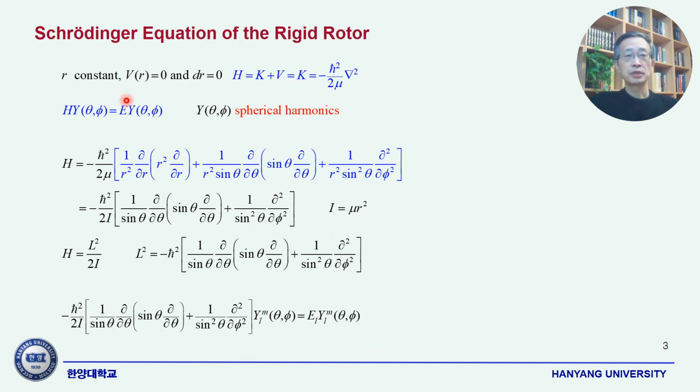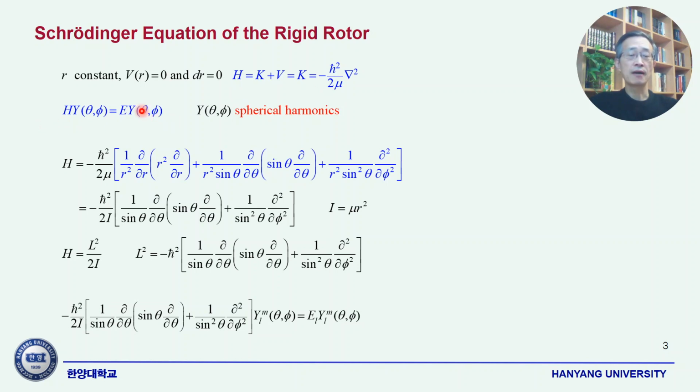Okay, so the Schrodinger equation, well actually this is just a repeat of the previous slide. R is constant, the potential energy is 0, and dR equals 0. So we have only the kinetic energy term in the Hamiltonian, which is this. And then we are going to solve this Schrodinger equation.